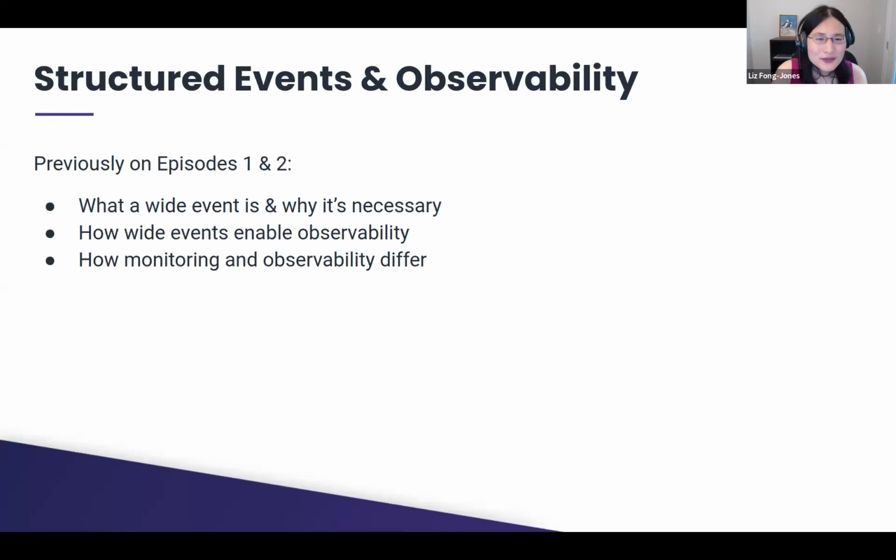Right. So it's definitely really exciting to see how events bridge the gap between the traditional signal types that people talk about in terms of traces or logging or metrics, because you can compose any of these data types out of a structured event. So that's what we talked about in the first session.